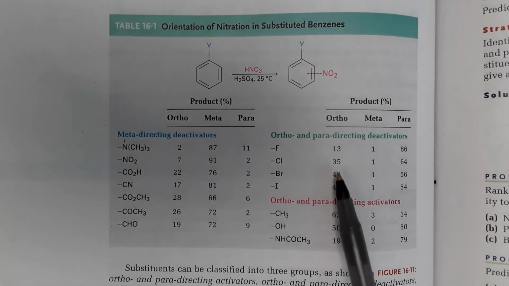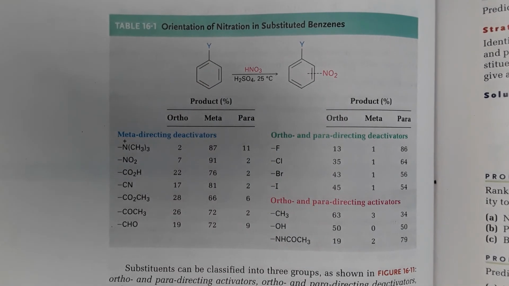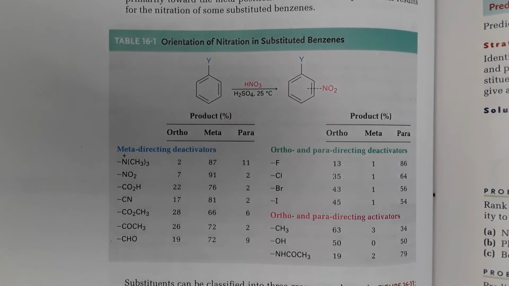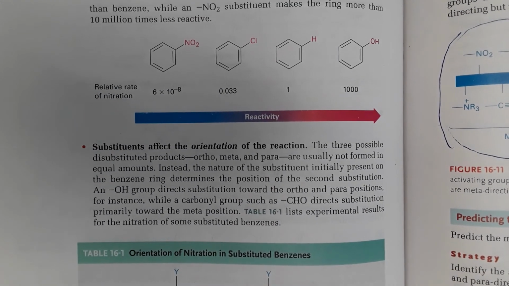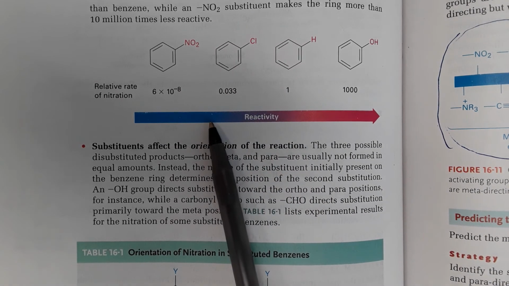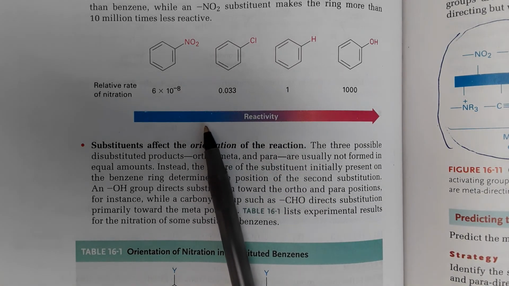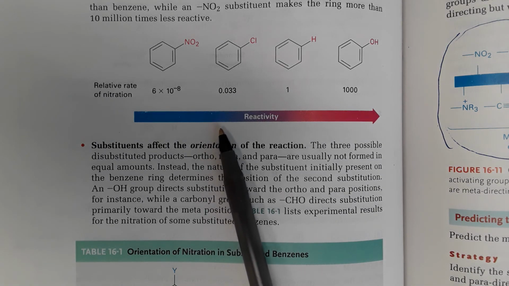So the other thing that these substituents are doing on the ring is they're speeding up the process of electrophilic aromatic substitution, or they're slowing it down. And so what I wanted to point out here at the top of page 494 is this relative reactivity. We talk about things being activators or deactivators.